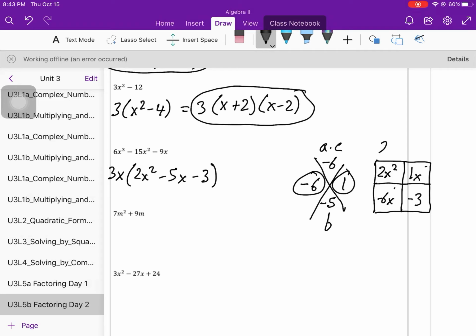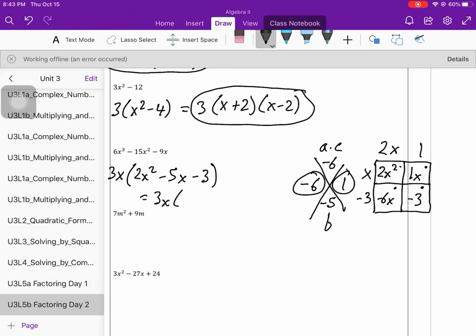So 2x squared and negative 6x, those both have a 2 that we can factor out as well as an x. And then 1x and negative 3 don't have anything in common, so we can just take out a single 1. 2x squared and 1x, we can take an x out of those. And then negative 6x and negative 3, we can take out a negative 3.